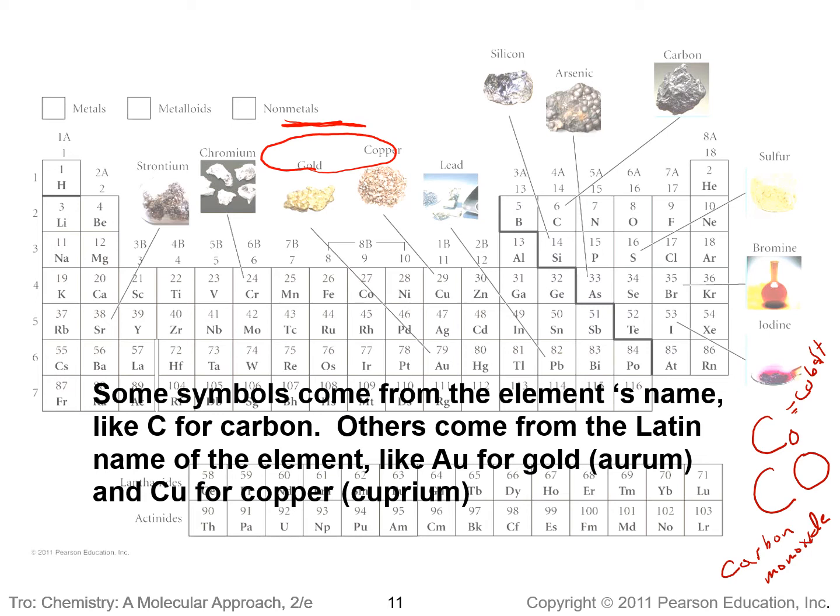Whoever discovers the element gets the rights to name it. So we also have some like berkelium and americium and germanium that are named because of the people that discovered them. Einsteinium.